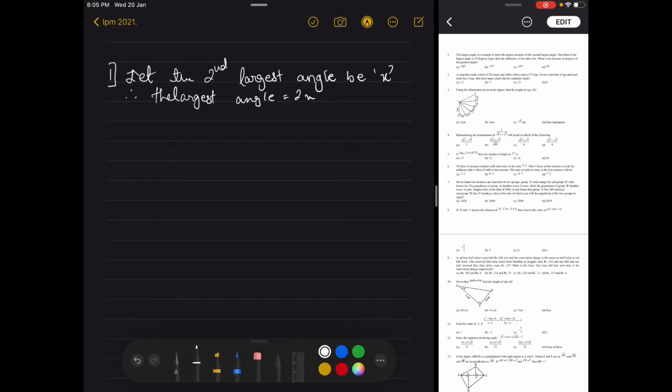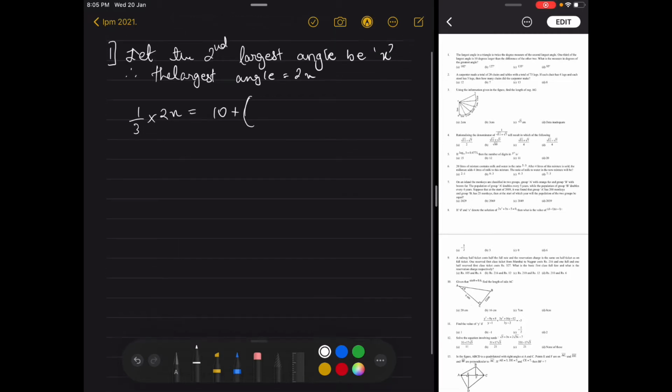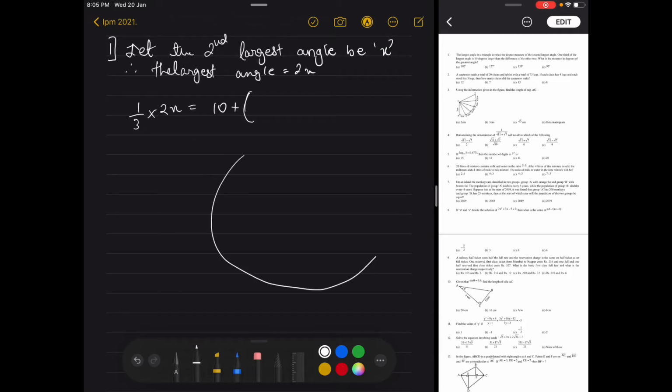One third of the largest angle. Now let's see. One third of the largest angle is equal to 10 degrees larger than the difference of the other two. Okay, so now difference, it is important. I will be doing rough over here in this circle only.